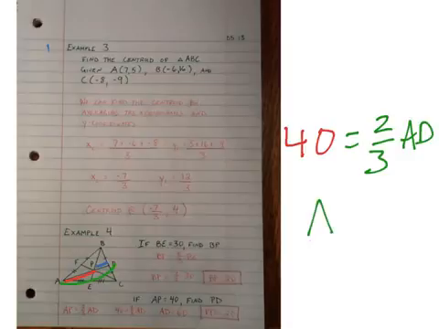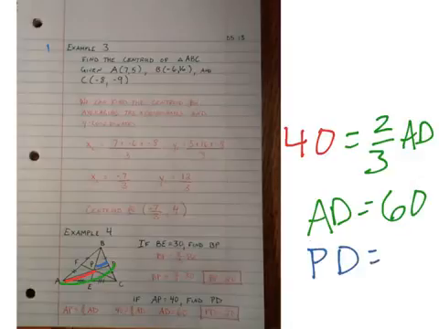And find that AD is then equal to 60. And if that's the case, then PD is equal to 20.